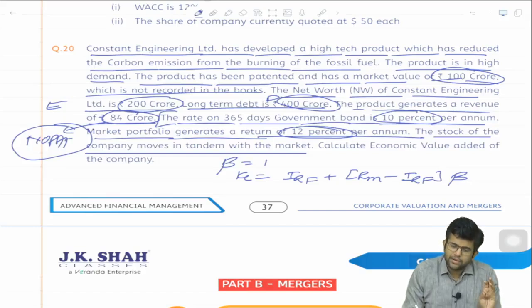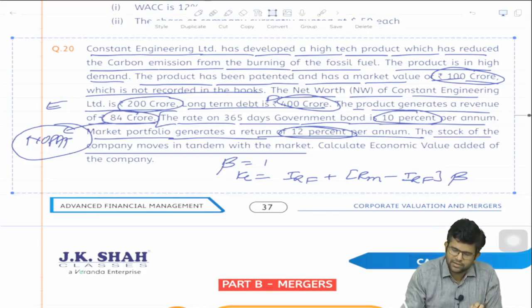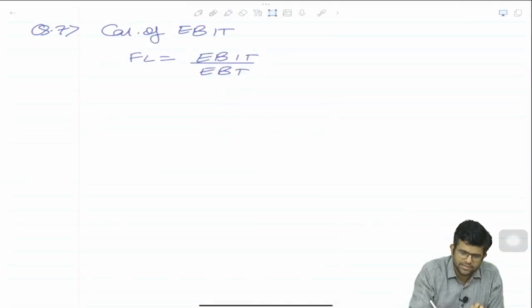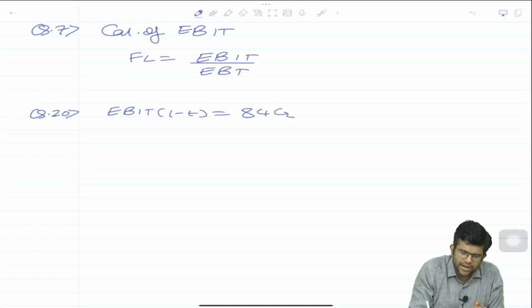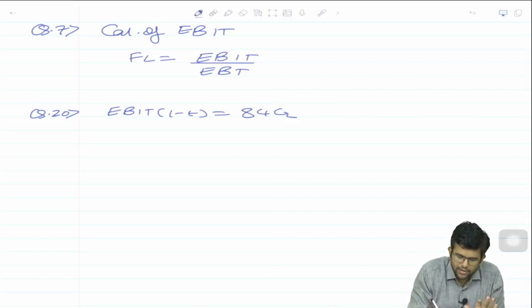Correct? Now students, please understand small areas. I am giving it to you as a test, but there is something that I want you to understand. Question number 20. Students, can I say EBIT 1 minus T, you are going to take as 84 crore only and go ahead. This is sorted? Great.